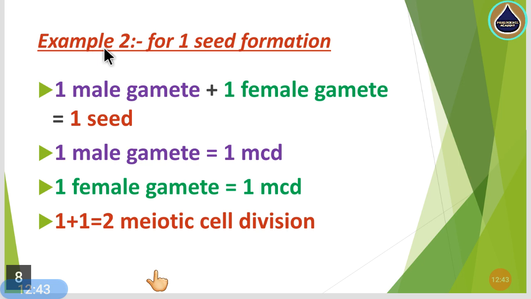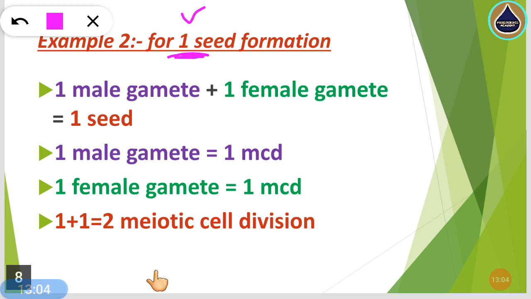In this example, I am explaining for one seed how many cell divisions are needed. As you know, a seed is formed by the fusion of the male gamete with the female gamete. Now we'll see how many seeds have to be produced.